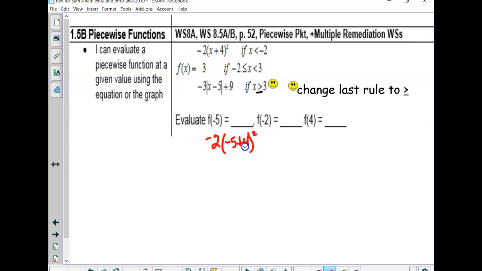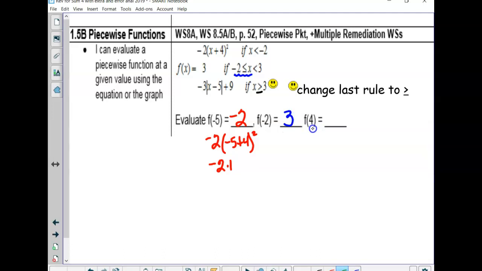Okay, -5 plus 4 is -1. Squared would become +1. -2 times 1 is -2. -2 would go into which rule? The second one, because of the or equal to line. So all that comes out of that rule is a 3.